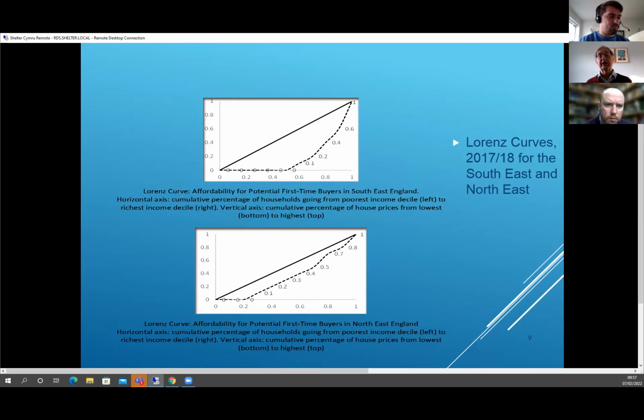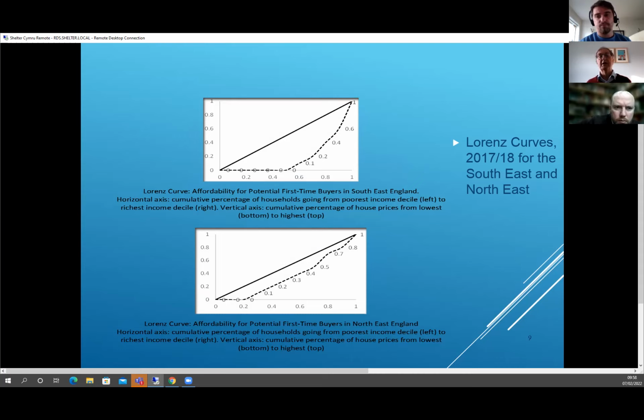Now, the straight, undotted line, the 45-degree line, is what we call a line of equality. It would tell us that if the distribution of house prices and incomes was such that 10% of households would be able to afford the bottom 10%, 20% would be able to afford 20% of properties, and so on.